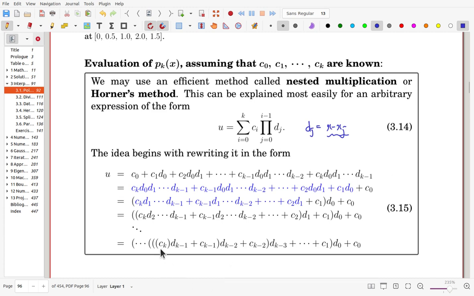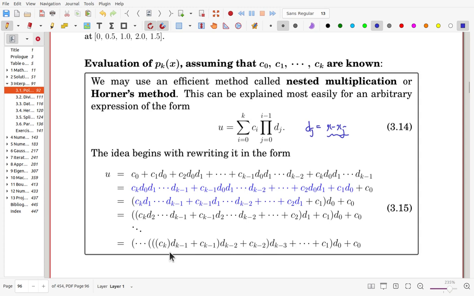Okay, now so that here ck dk minus 1 plus ck minus 1. After getting this one, dk minus 2 is multiplied and ck minus 2 is added. And this quantity is multiplied, and now ck minus 3 is added, and so on.